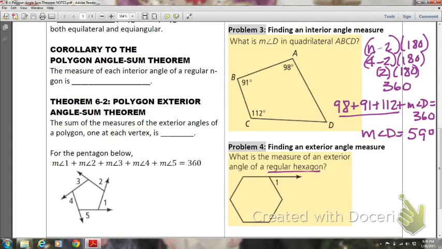So we need to find the measure of angle 1, which is one of those exterior angles. The sum of all of them is 360, and we're going to divide it by 6, because that's the number of exterior angles there are. And so that's going to be 60 degrees.